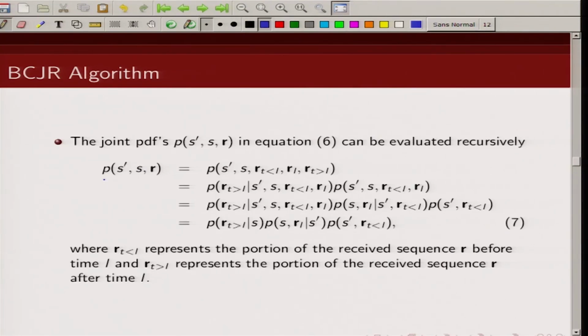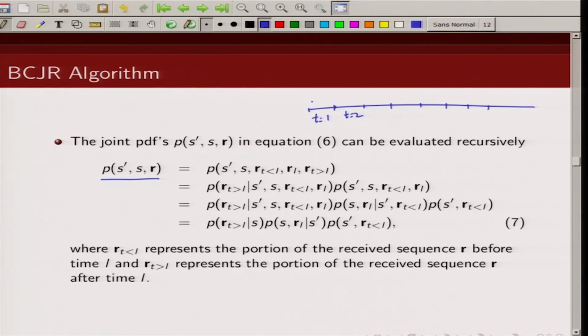So, as I said, we are interested in this. Now, this can be written as, so I have this received sequence R. Let us say this is R at time t equal to 1, t equal to 2. So, these are my time instances, and I get some bits.